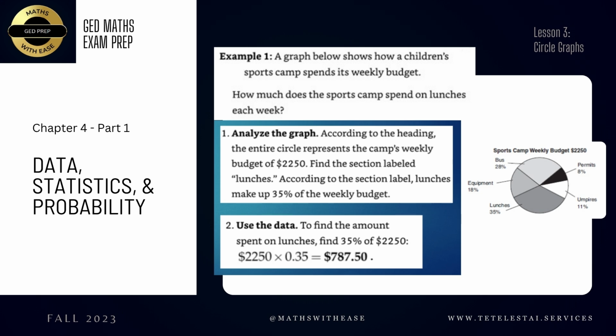We know that we're spending 35% on lunches, and our entire budget is $2,250. And so to find 35% of $2,250, we drop our percentage sign, move the decimal point over 2 places to the left, and we know that 0.35 times 2,250 is $787.50.